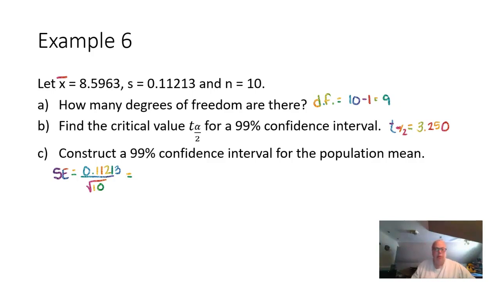And this is giving me 0.03. Let's see, how many decimal places we want to go out? 4 decimal places. So 0.0355 for our standard error.